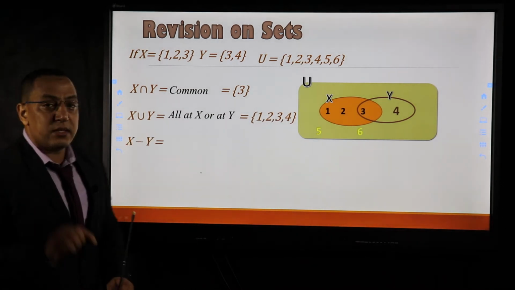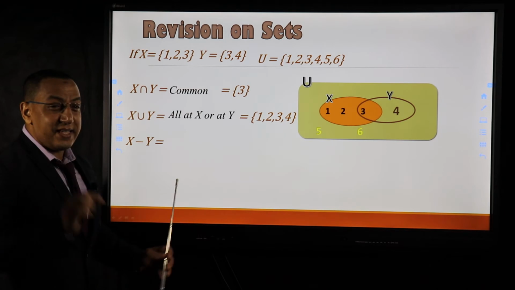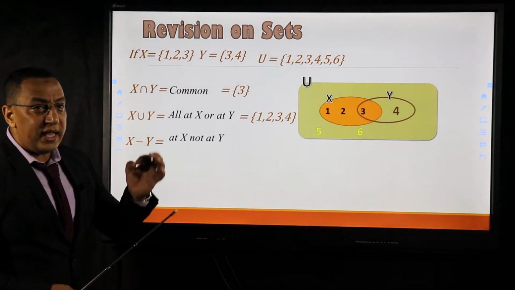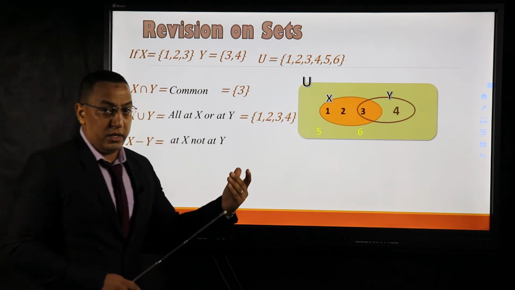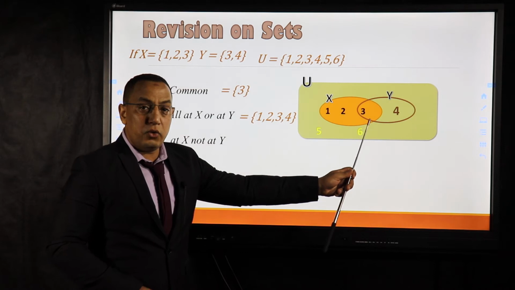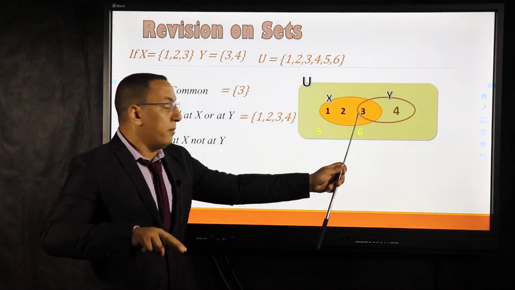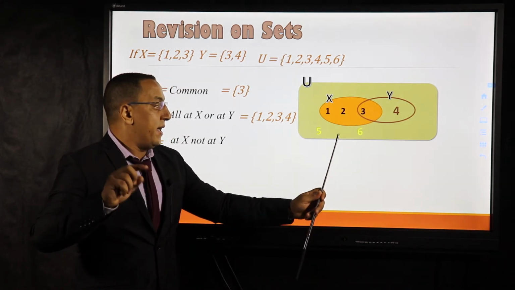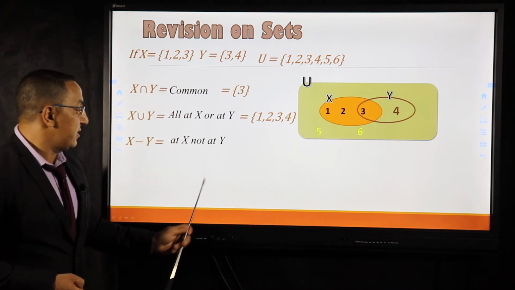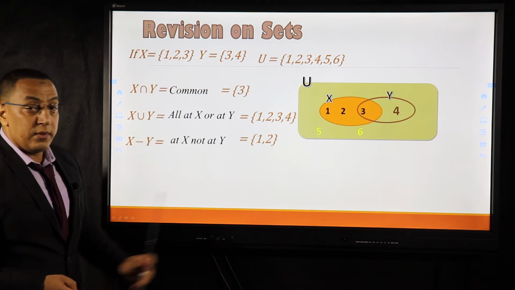Now x minus y is read as x difference y. x difference y means all elements in x that are not in y, or x only. Here 3 is included in x and y. The numbers which belong to x and do not belong to y are 1 and 2, so it is {1, 2}.